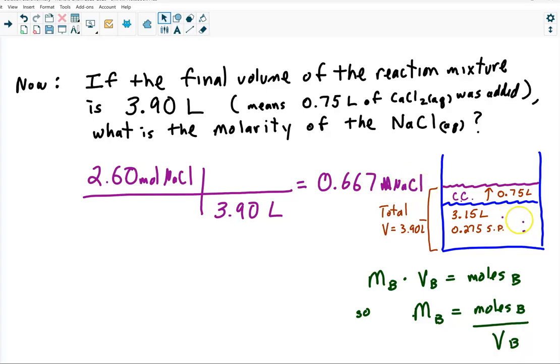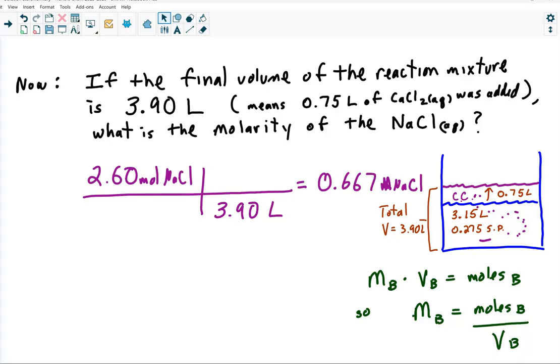So once the NaCl formed, once that 2.6 moles was formed in that large volume of 3.9 liters, it would end up being a 0.667 molar NaCl solution.